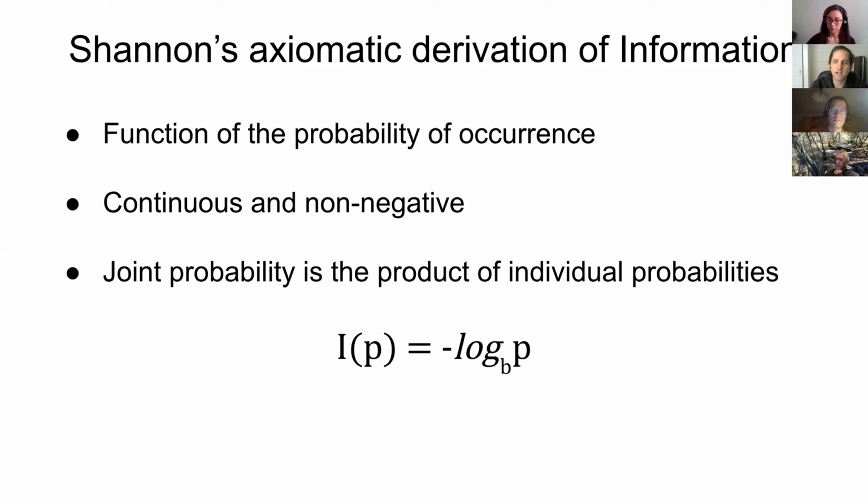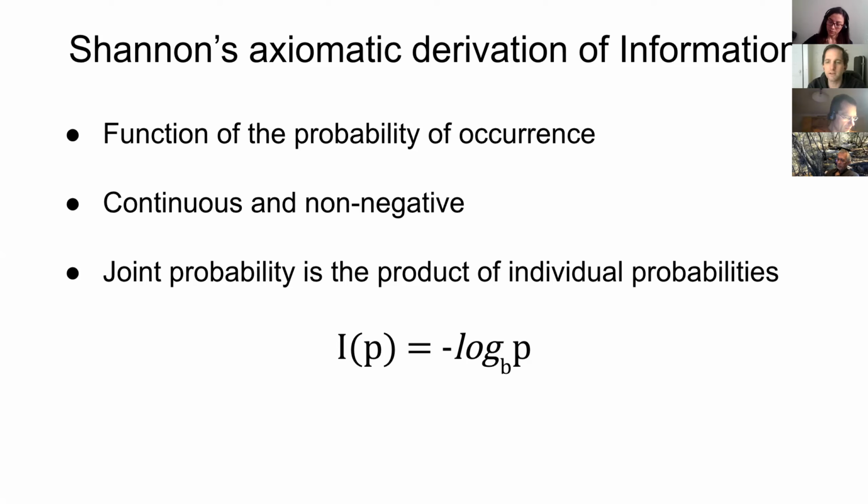And then the third one that he points out is that the joint probability of a series of events is a product of the individual probabilities. And so when you take these axioms, the only function that satisfies these three things is this function for information, which is that information is the negative log of the probability.